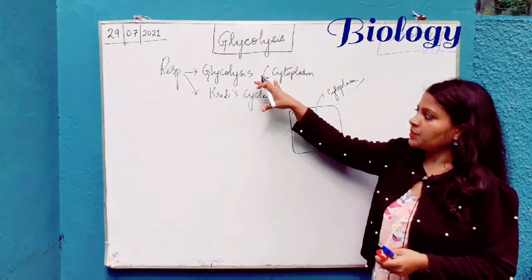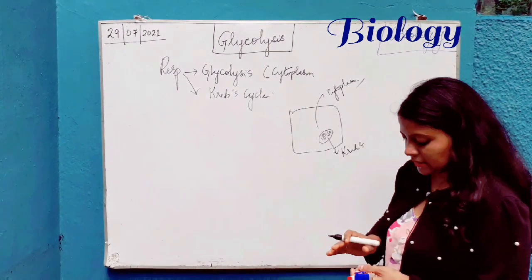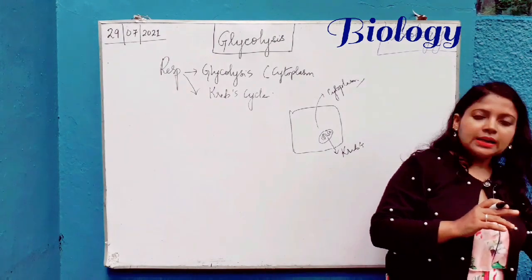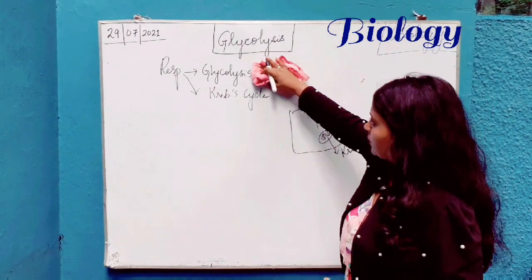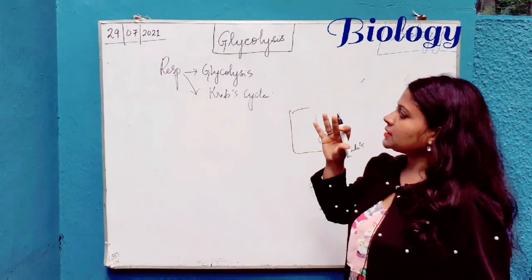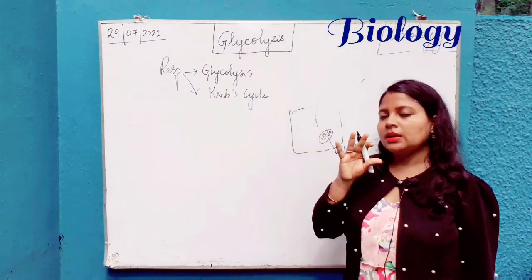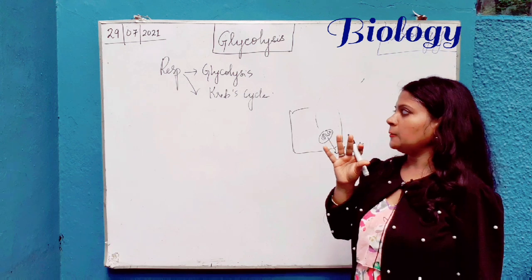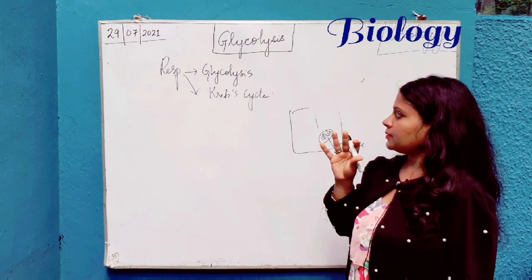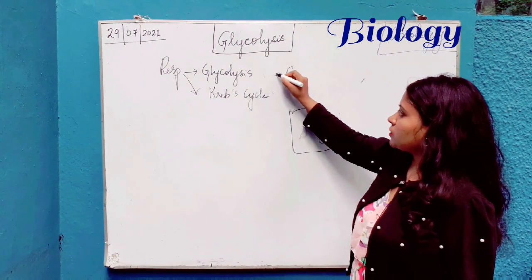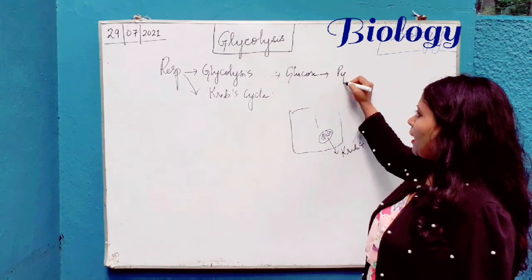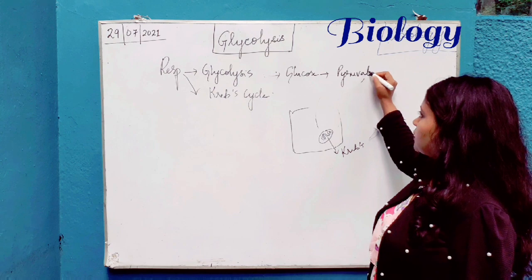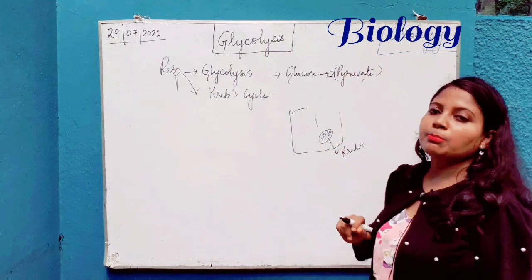There are several steps taking place in the glycolysis. In glycolysis, there are 10 steps taking place, okay. So the first concept to be understood is that in glycolysis, glucose is converted into pyruvate, that is 2 molecules of pyruvate.